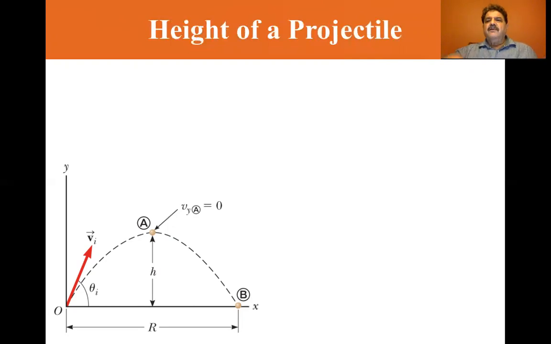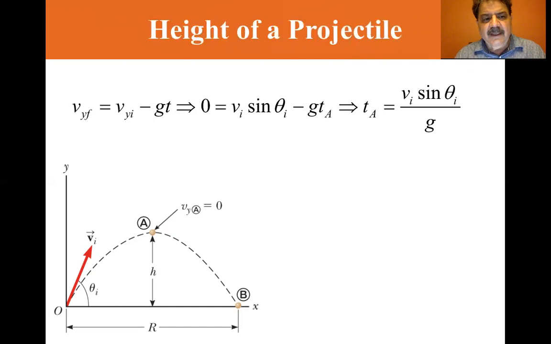When you throw a ball up, it goes up, it stops, and it comes back down. So at the peak, vy is equal to 0. From the particle under constant acceleration model, we can determine the time t sub A at which the projectile reaches the peak.